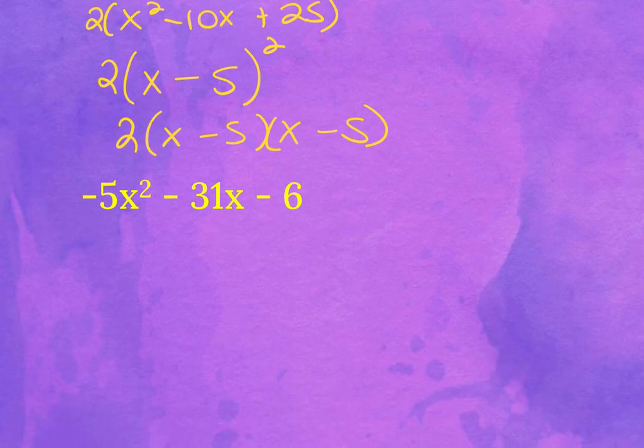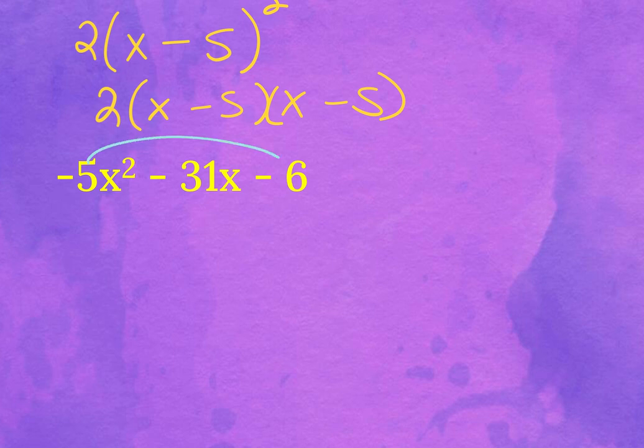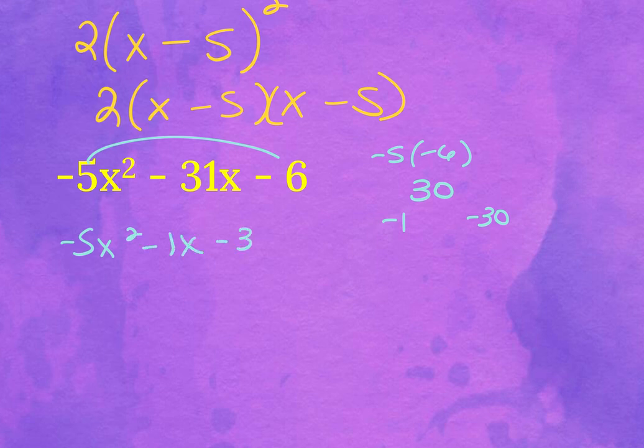The last one, can't factor anything out. Multiply negative 5 times negative 6. You get positive 30. Factors of positive 30 that sum to negative 31: negative 1 and negative 30. Replace your middle term, and then factor by grouping. Take out the x. I get negative 5x minus 1. Take out a 6. Negative 5x minus 1.